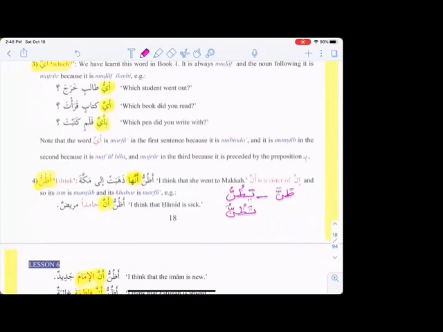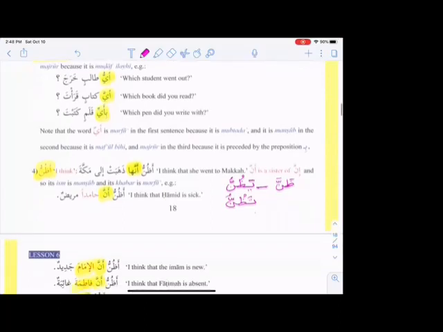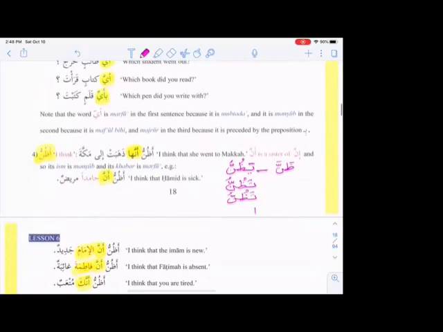And then again tazunnu. And then azunnu. And then nazunnu. So these are the 5 in your pocket.